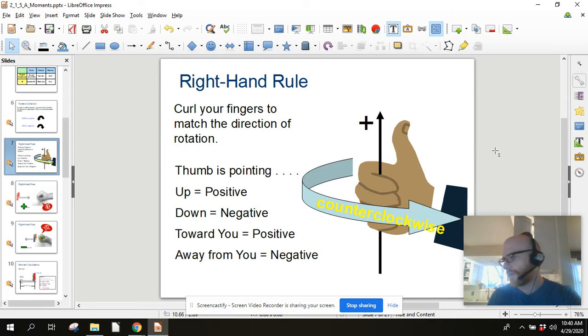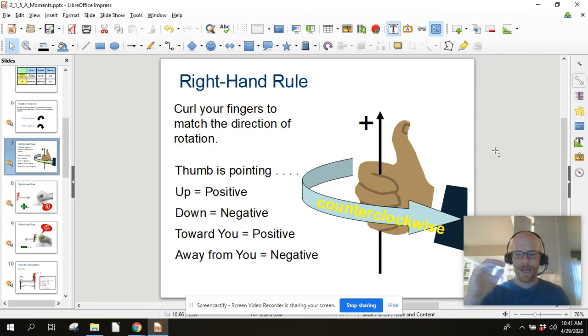Okay, here's this rule that's supposed to make things easier for calculating positives and negatives. And sometimes it can make things more confusing. It's called the right-hand rule, and you curl your fingers to match the direction of the rotation. So I have my right hand, and I'm going to hold it like this.